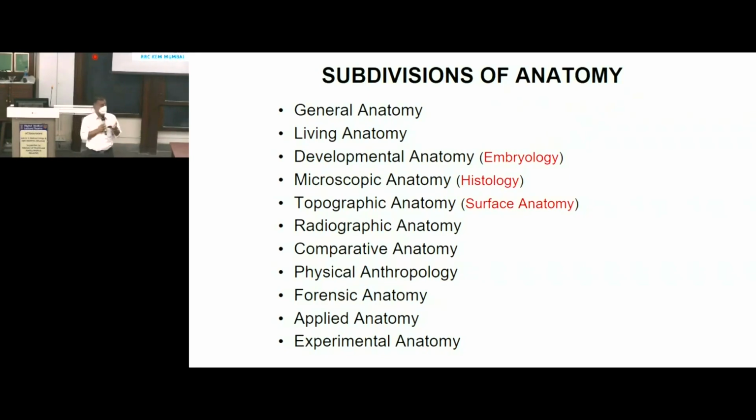Now, we said anatomy is learned in dead cadavers. But there is a subdivision of anatomy that is called living anatomy. How many of you believe that anatomy can be learned on living human beings? I am seeing 1 hand, 2 hands, 3 hands, 4 hands, 5 hands.